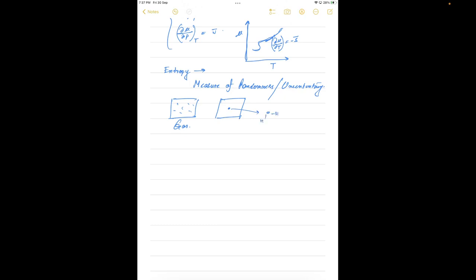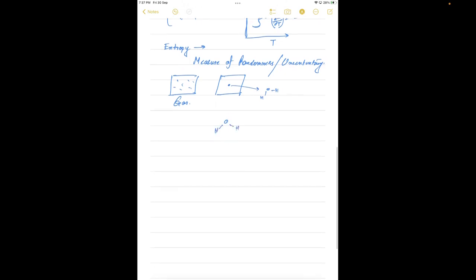Now if you concentrate on this water molecule in the liquid water system, you can see there are different solvation cells, right? The first solvation cell, second solvation cell, so that will be there.